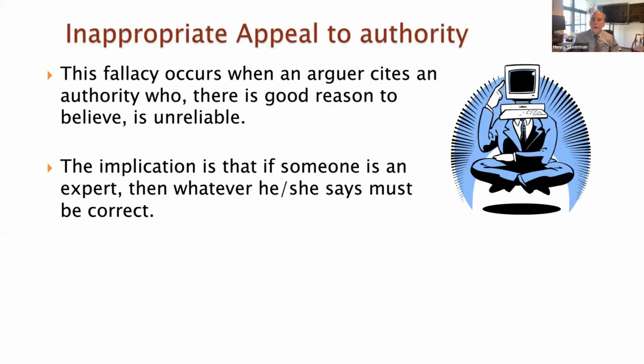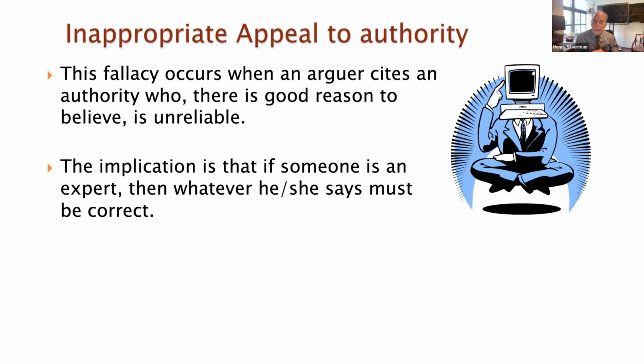So another type of logical fallacy is an inappropriate appeal to authority. This fallacy occurs when an arguer cites an authority who there is good reason to believe is unreliable, or you don't know the reliability of the person, and therefore you can't accept the argument just because of an appeal to authority.